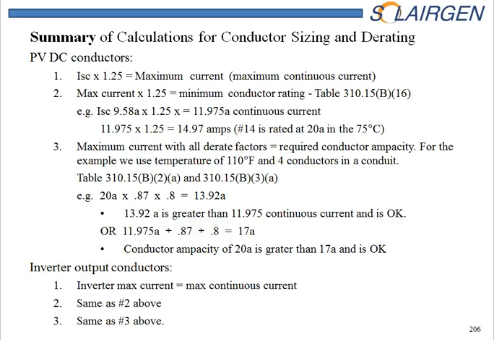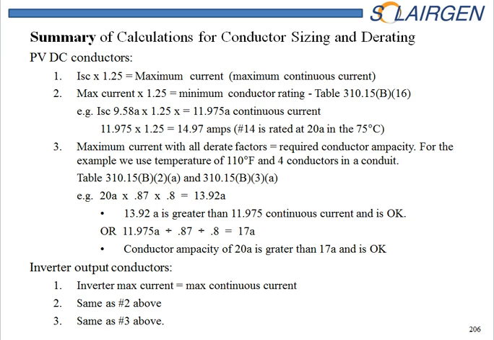In this video we're going to show you how to calculate for circuit ampacity requirements. The first thing we want to do is find out what the continuous current is of the circuit, and for PV source circuits, for the PV module and the PV module strings, we have to calculate this maximum continuous current. The manufacturer provides us with the short circuit current, the ISC, and that's based on 1,000 watts per square meter irradiance.